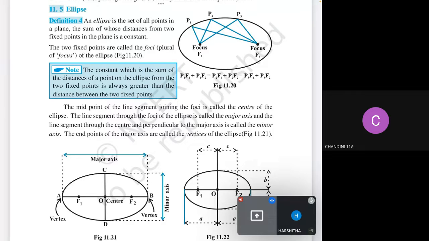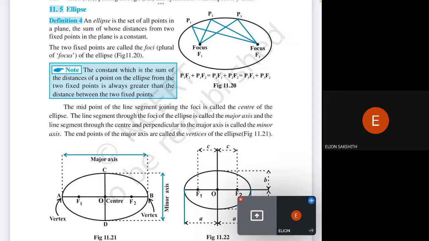Sir, when the angle beta is greater than alpha and lesser than 90 degrees. What is beta? So beta is the angle formed with the vertical.